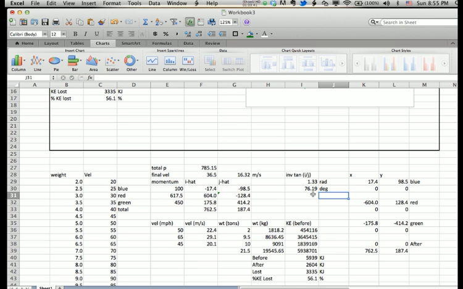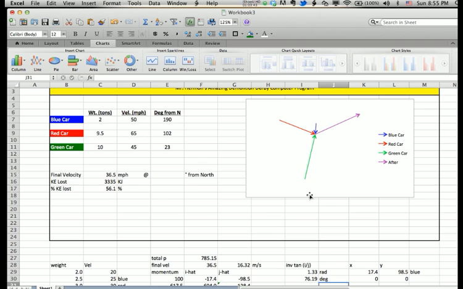Okay, now if you look at the situation we have right here, our final momentum vector, or in the end, our velocity, is up here in this first quadrant, which means we had a positive i hat and a positive j hat. So when I did this calculation here, it actually gave me the right angle. That's the correct angle. It's going to be 76.9 degrees from north.